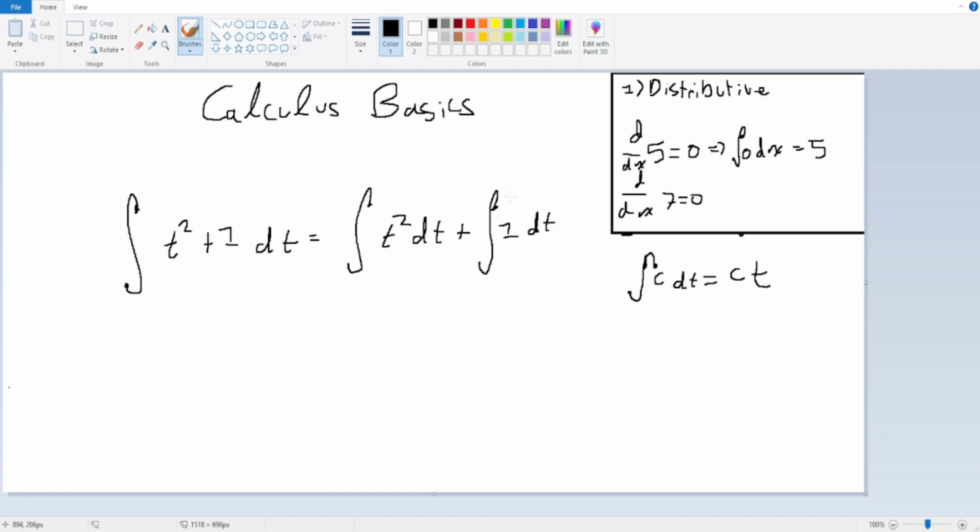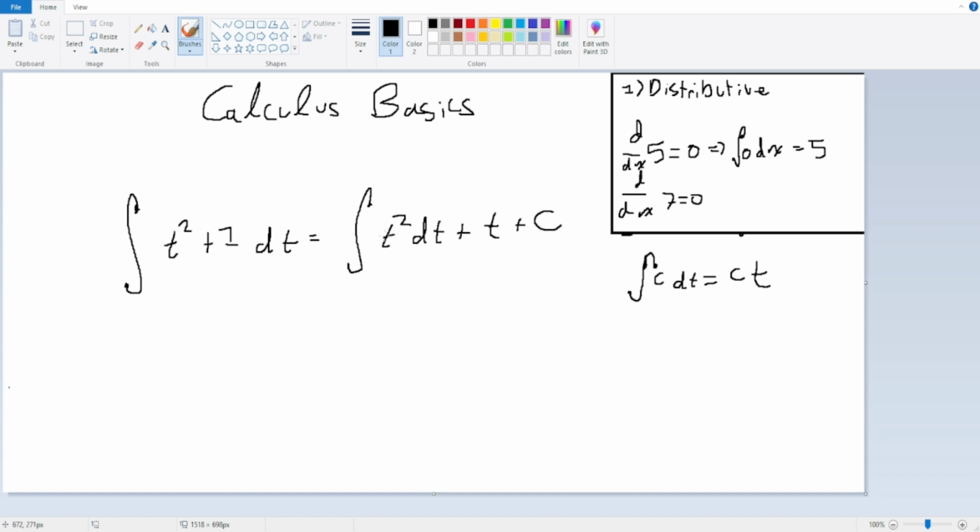And so what we can do is our integral of 1 times dt, we're replacing c with this 1. We have 1 times t, which is t. And so let's go ahead and replace this integral with t, but let us not forget the very important c. Okay, so now we're left with this integral.